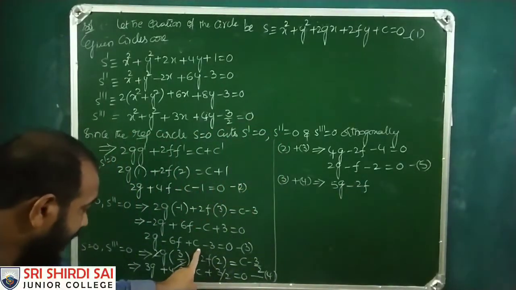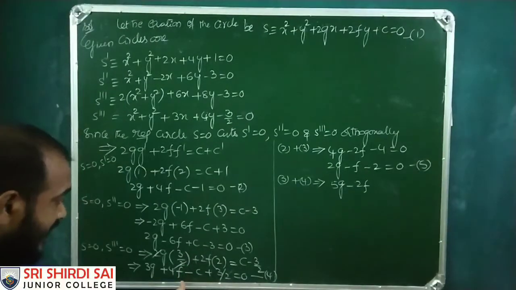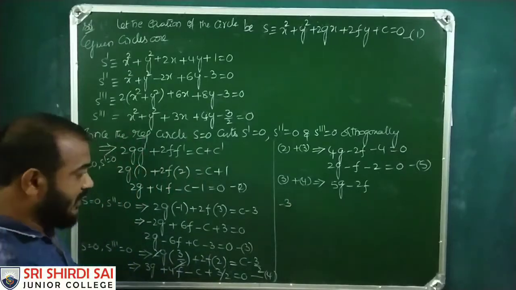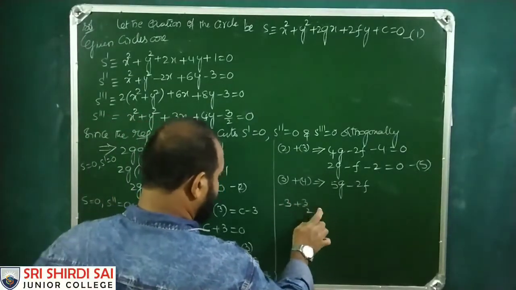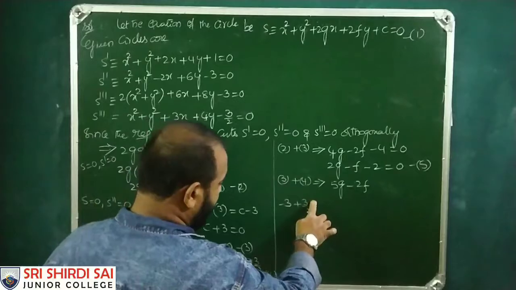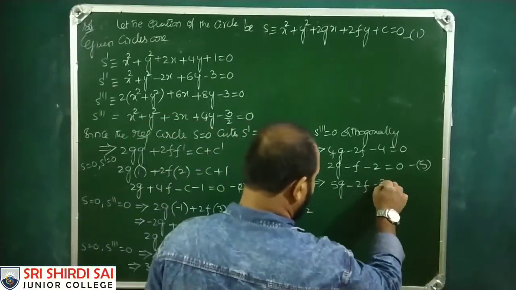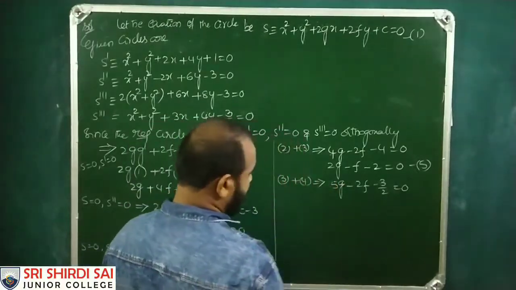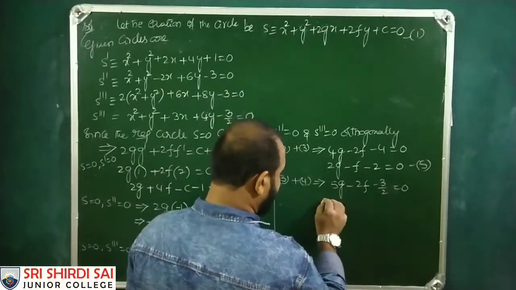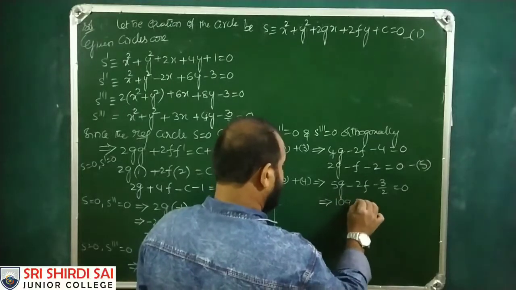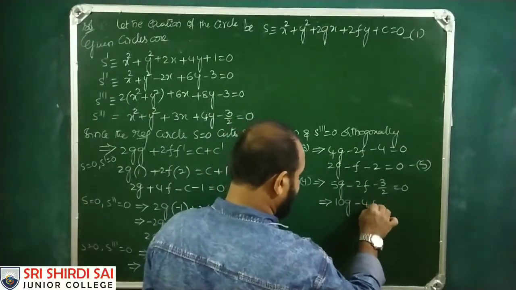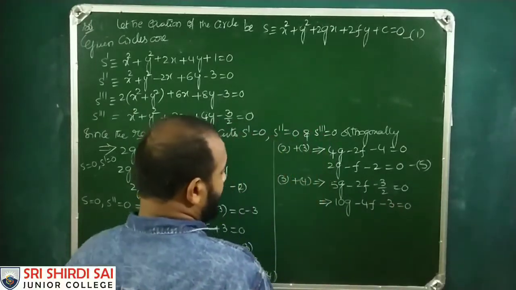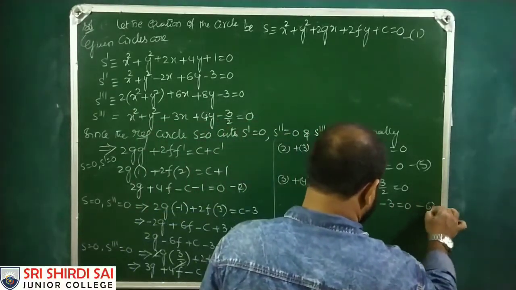So here plus c minus c gets cancelled. So here minus 3 plus 3 by 2. So 2 3s are minus 6 plus 3 minus 3 by 2 equals 0. If I take 2 as LCM, then 2 5s are 10g minus 2 2s are 4f minus 3 equals 0. So let us take this to be the sixth equation.